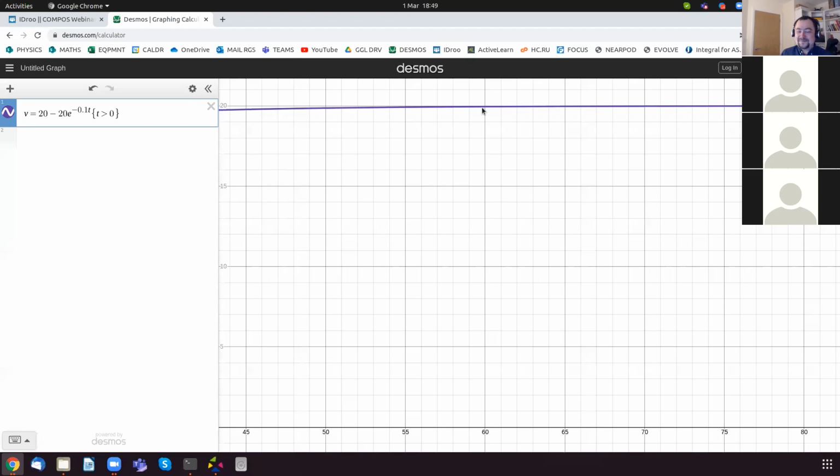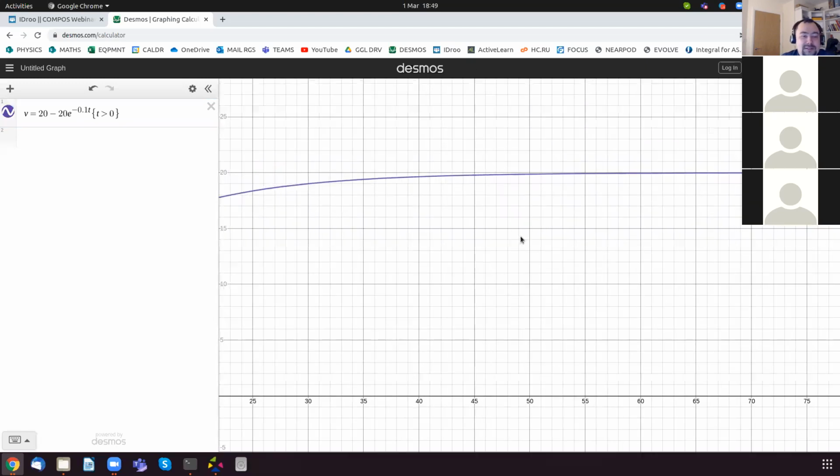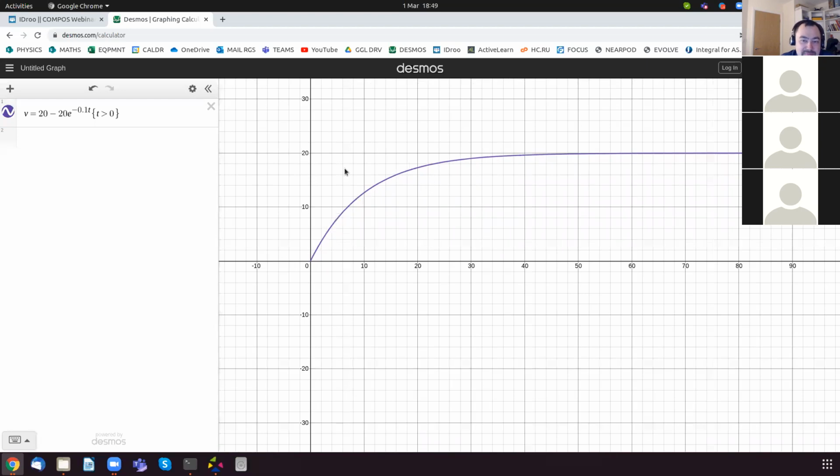So we're using a model, we're using an approximation. In reality, the situation would be slightly different.